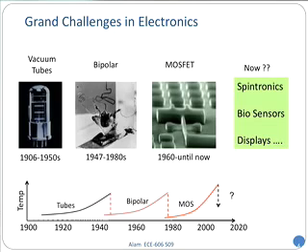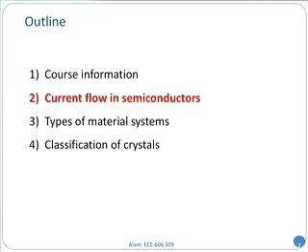You want to do research, you want to work on different topics, and there are many new things. People are talking about spintronics, biosensing, wall-mounted displays, that's like a thin sheet of paper, all sorts of things. But if you understand how the previous generation worked, what their problems were, then you are ready to take the next step. So that's what 606 is, the physics of the last 3 generations. Okay?